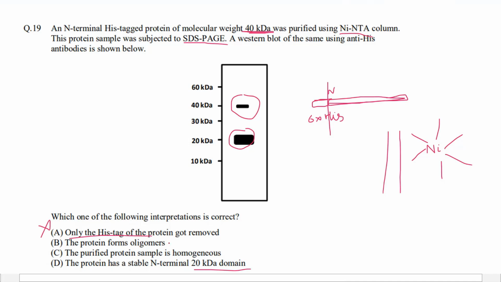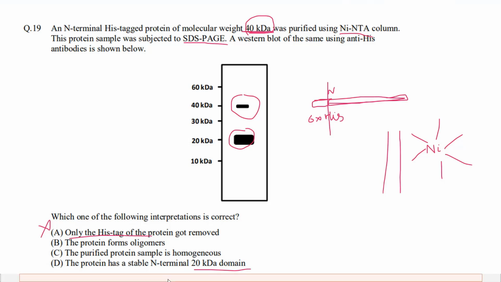The protein forms oligomers. If the protein formed oligomers, more than two subunits would be there. But there are not more than two subunits, and you can see only 40 and 20. At maximum it can form a dimer: 20 kilodalton can form a dimer and give a 40 kilodalton protein.